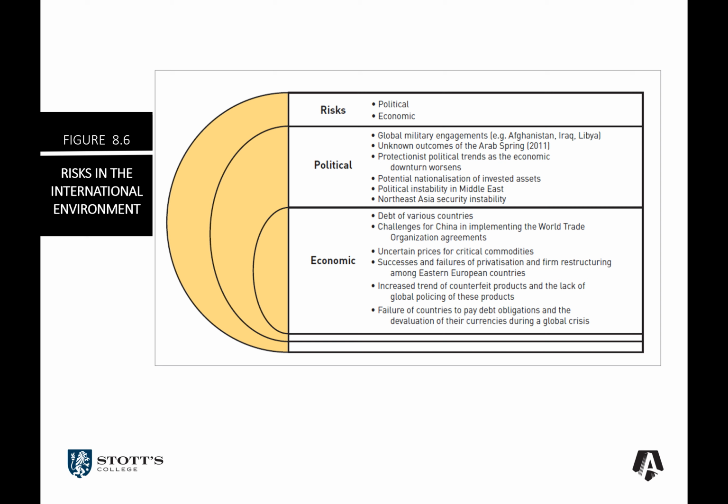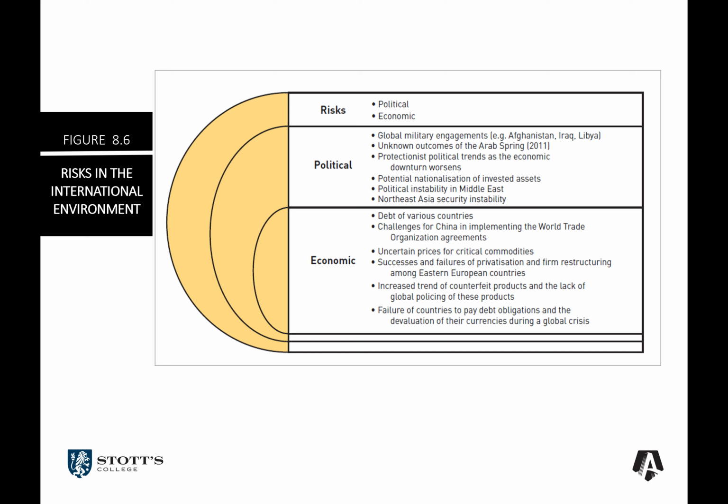Success and failures of privatisation and firm restructuring in Eastern European countries and other countries that are opening their markets and their borders. The increasing trend for counterfeit products and the lack of global policing of these products. Again, this is originally an American textbook. I don't know whether there's any evidence that the trend is increasing. In fact, there's probably evidence that it is decreasing, but it is still a significant issue.